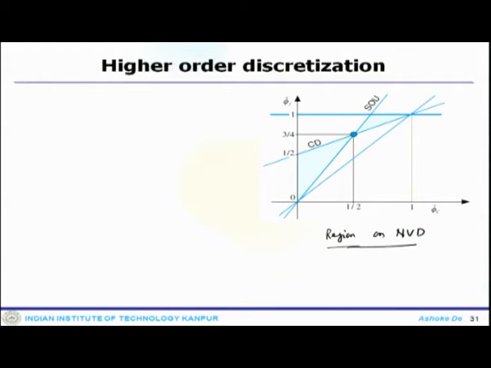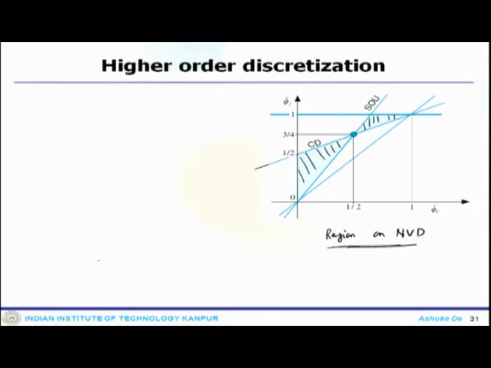Now, here the monotonicity region for a second order scheme lies in this shaded region, which is bounded between the CD and the second order upwind. So this is the zone that will provide the second order accurate scheme.